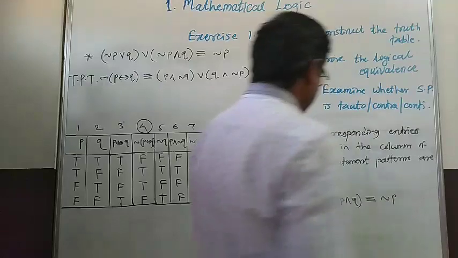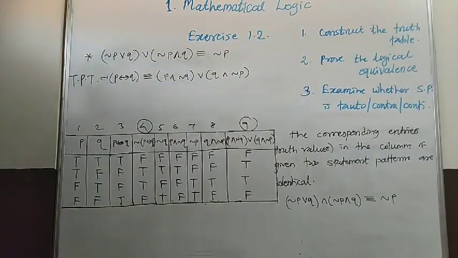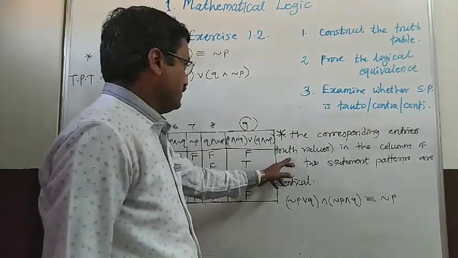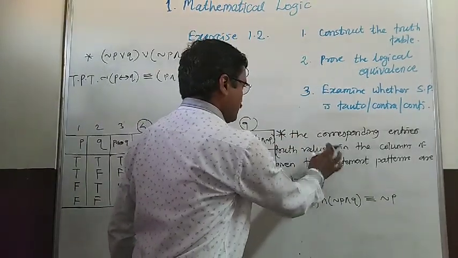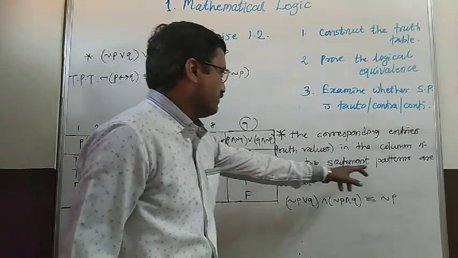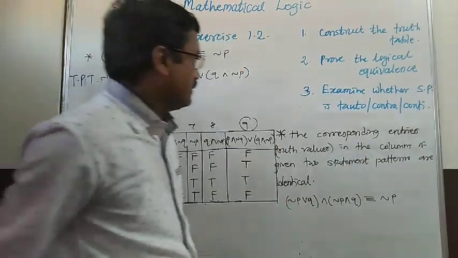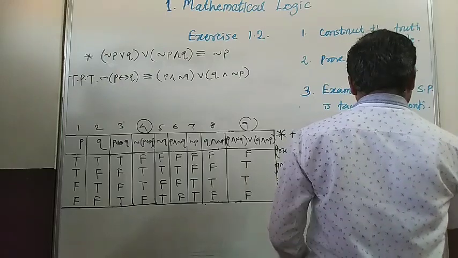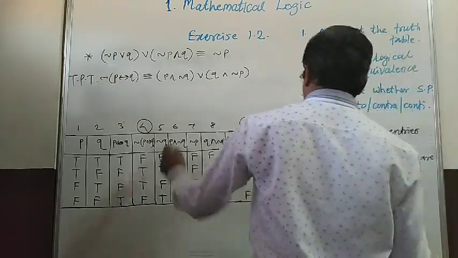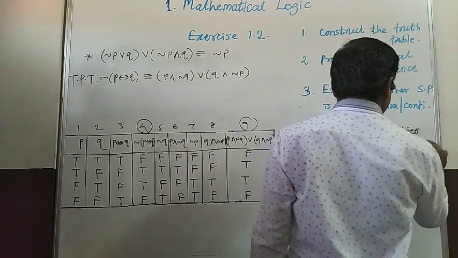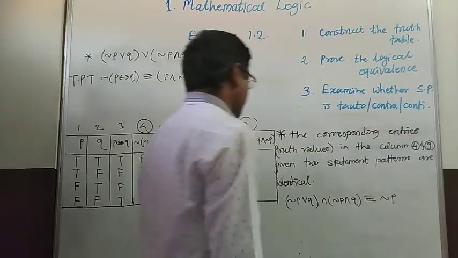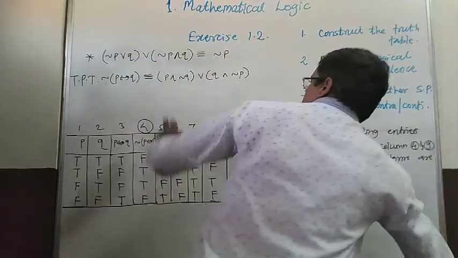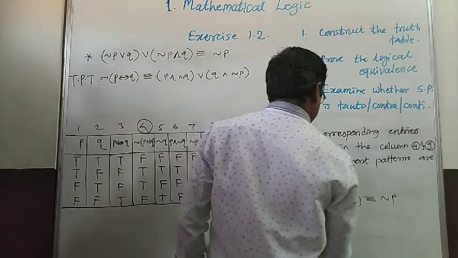So we will write the conclusion here. The corresponding entries, meaning truth values, in the columns 4 and 9 of the given two statement patterns are identical. So these two statement patterns are equivalent.